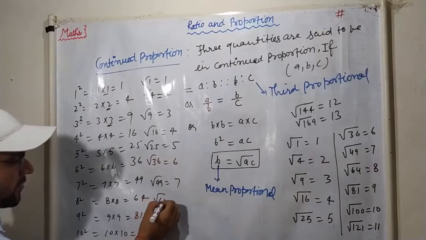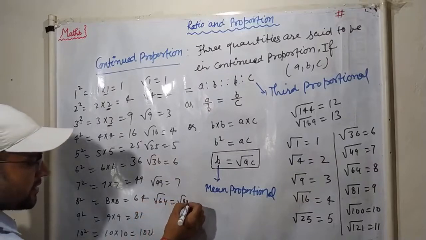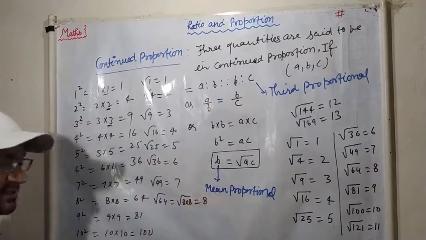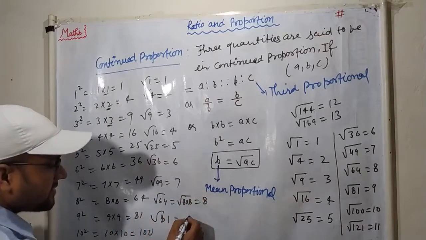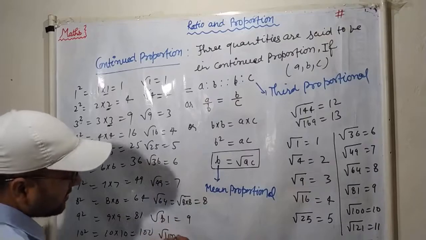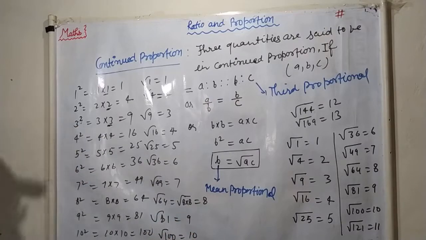Square root of 64 is 8 into 8, you take one 8 outside, so 8. Square root of 81 is 9, square root of 100 is 10. Learn up to 20; it is very helpful when finding the mean proportional of quantities. Now see your exercise, students.